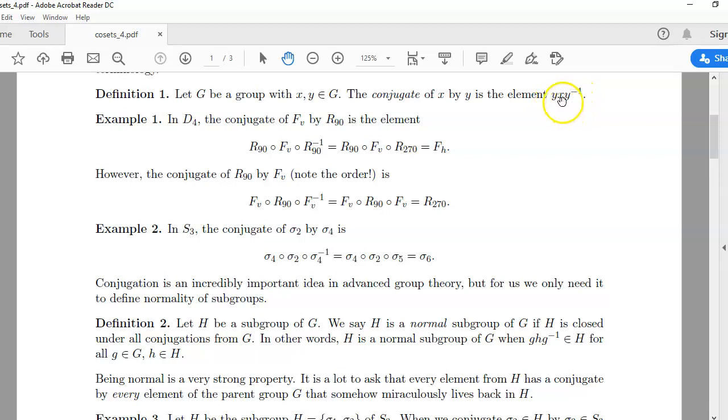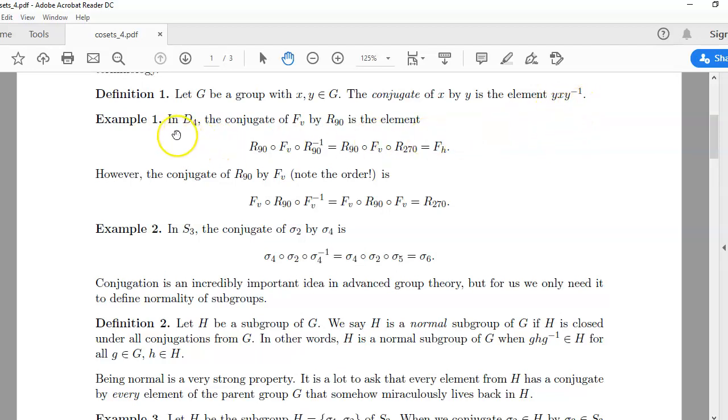So it's always a conjugate of the middle guy by the outer guys, and on the outer guys, the inverse occurs on the right-hand side. Some authors define conjugation as Y inverse XY, and that doesn't matter. But for us, we'll conjugate Y X Y inverse.